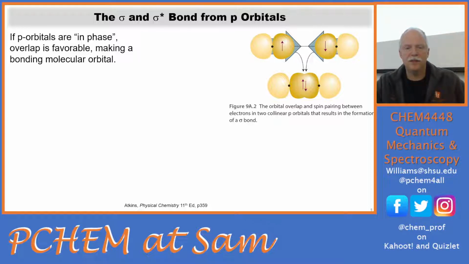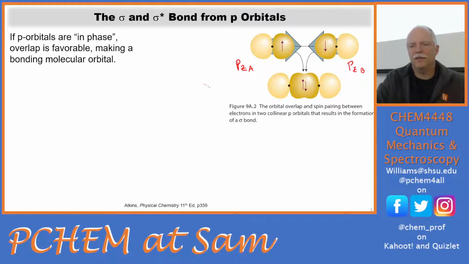So here's the sigma and sigma star bonds. Okay, so up here we have the sigma bond. So this would be the pz orbitals. pz on atom A, say, and then the pz on atom B. And convention-wise, I don't know, you just have to define your terms.